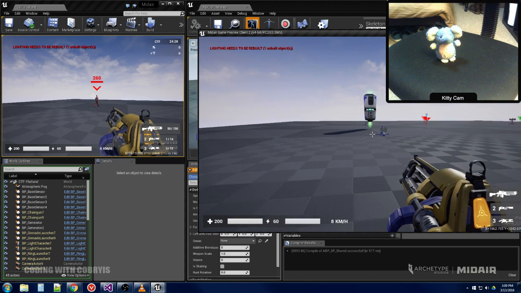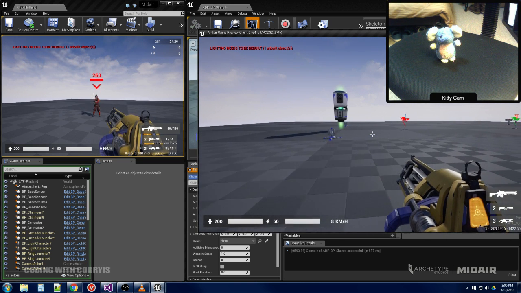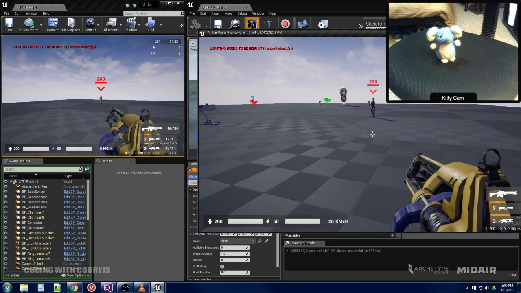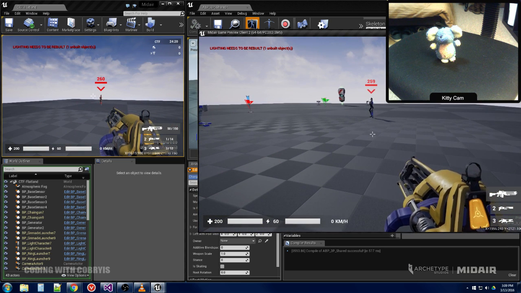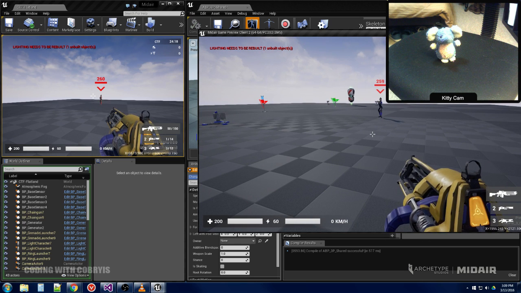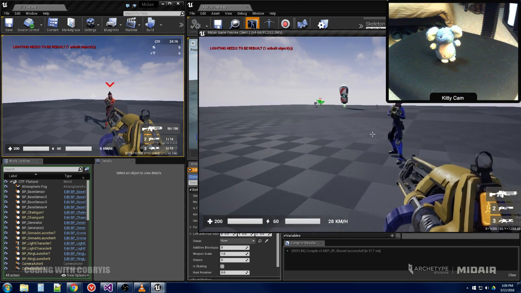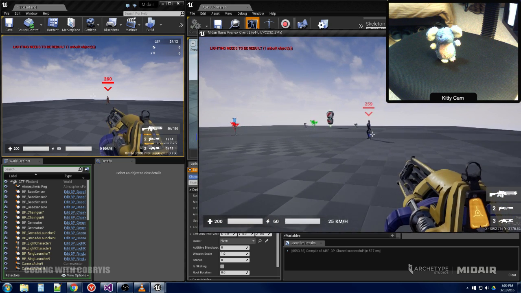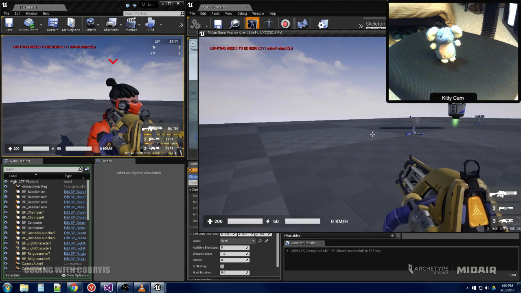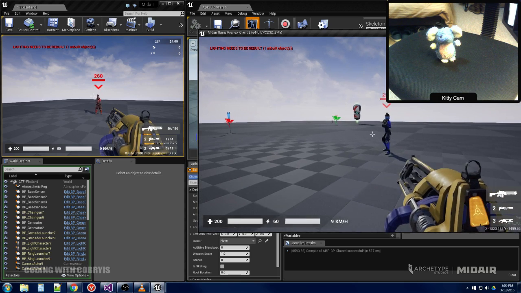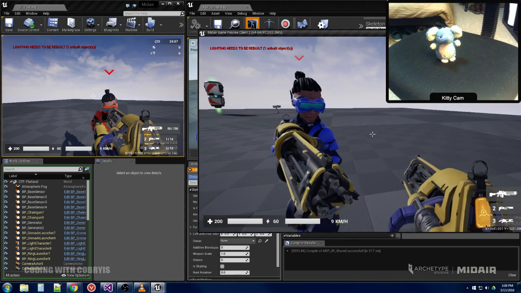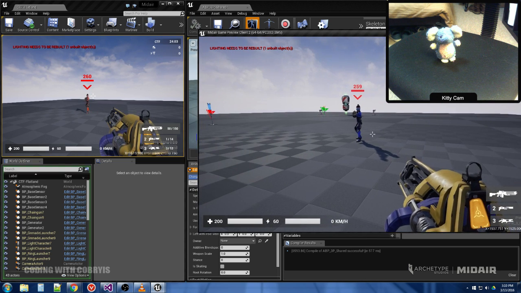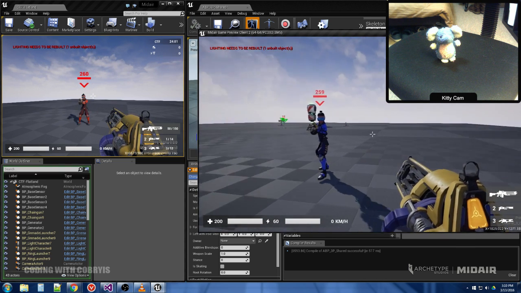If I face left, the top left one is not facing left. If I face right, he's not facing right. So I need to make it so that wherever he's facing is accurately represented to the other player.